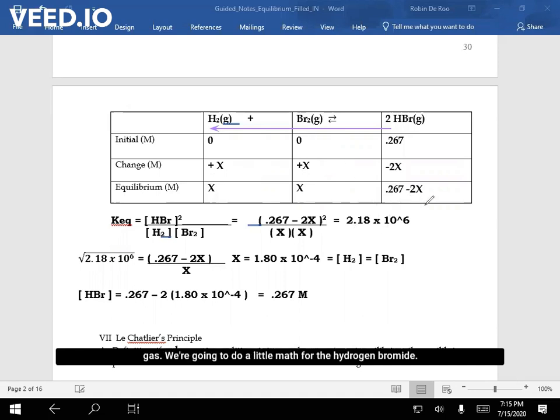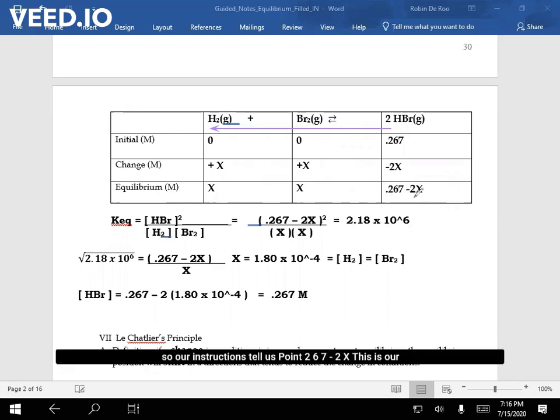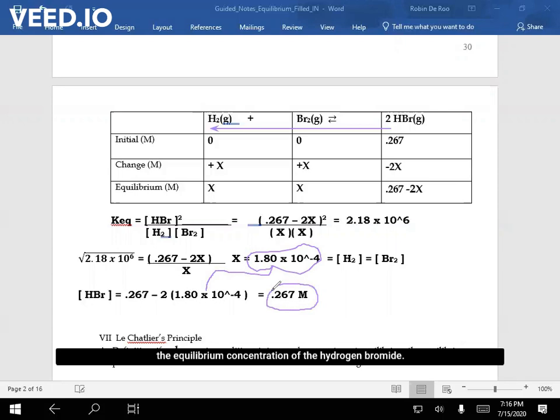We're going to have to do a little math for the hydrogen bromide. So our instructions tell us 0.267 minus 2x. This is our x. We solved for that. So then all we have to do is put it in here, and then we will get the equilibrium concentration of the hydrogen bromide.